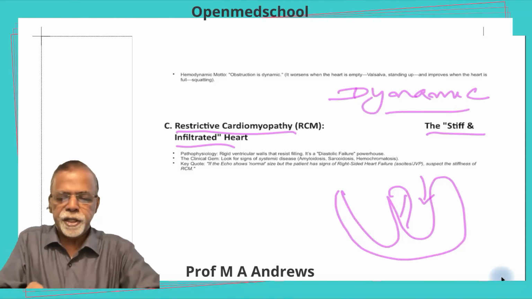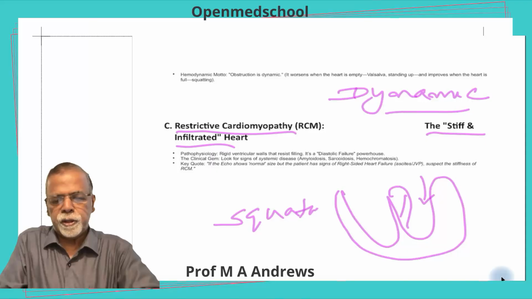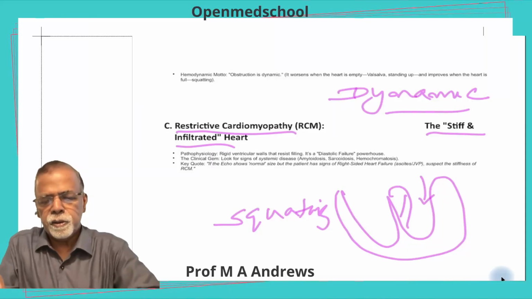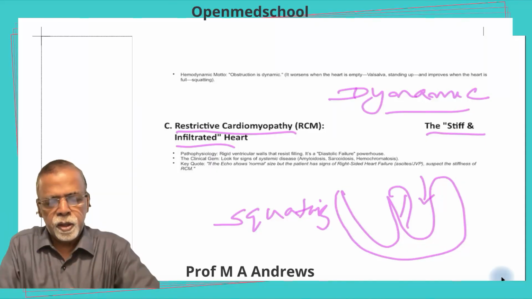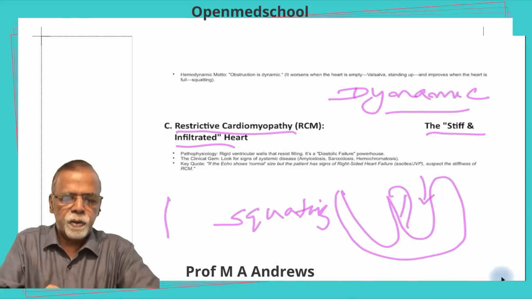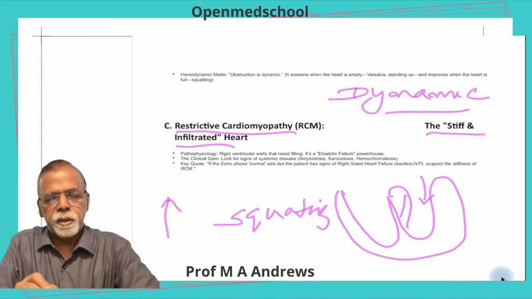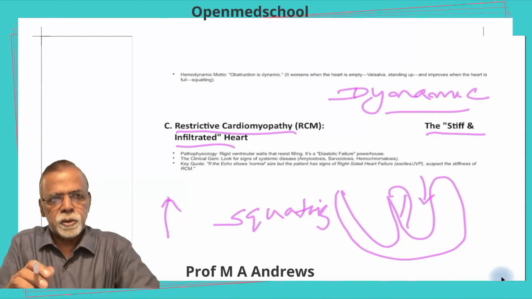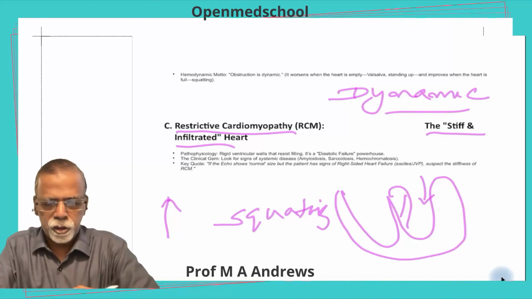So what happens in squatting? Obstruction comes down, because in squatting there is increased volume in the heart, whereas when you stand up, the preload is decreased and the obstruction is increased. So this we will discuss during dynamic auscultation.